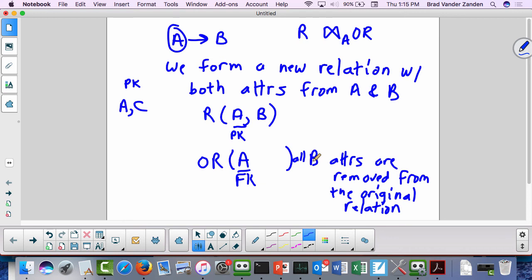You can think of this as separating entities into their own relations, because typically what's happening is the primary key has two attributes from two entities in it.